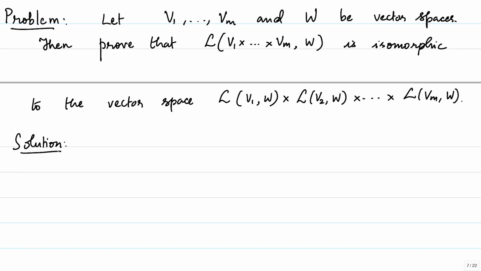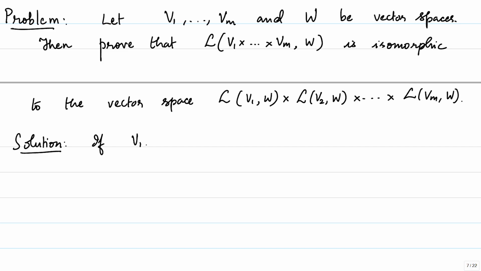That's a proof rather. So, to prove this result, my first observation would be that if V1, V2 up to Vm and W were finite dimensional vector spaces, then the proof is extremely straightforward. So let me just note that case first.